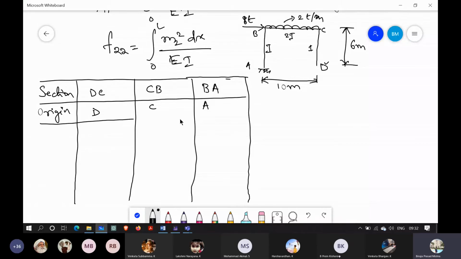Now the next one is limits. As I said, this is from 0 to 6, this is 0 to 10, and this is 0 to 6 again.